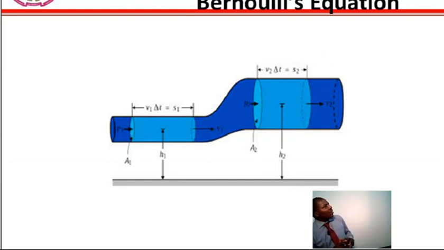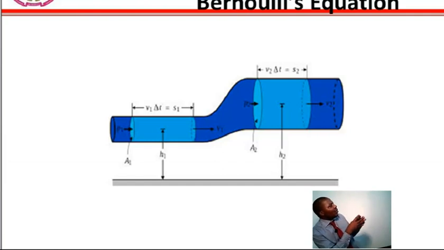Let's look at the diagram we have on the board. We have a larger section of the pipe, then we have a narrow section of the pipe. Now the flow rate in each section is expressed as V2 delta T. That is the formula.